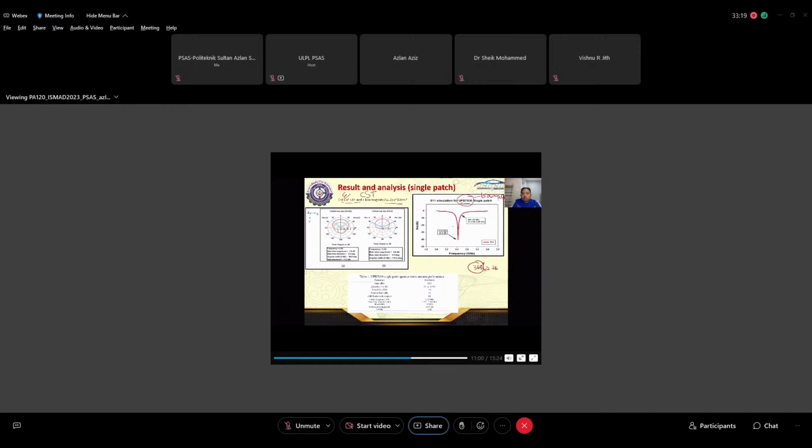And this is the S11 return loss with 2.42 gigahertz as the center frequency.